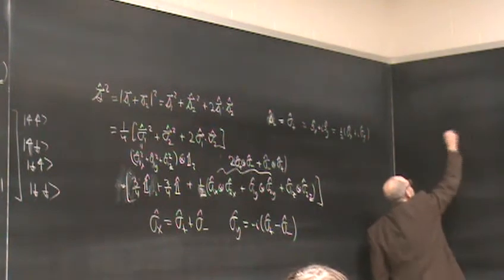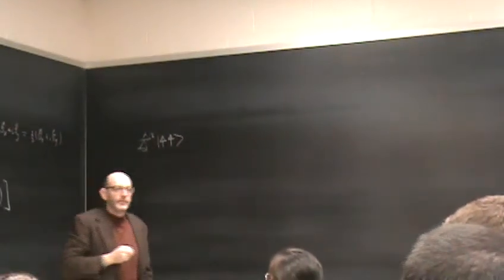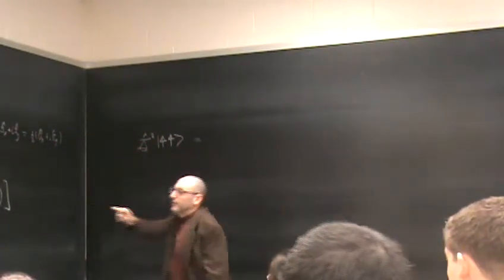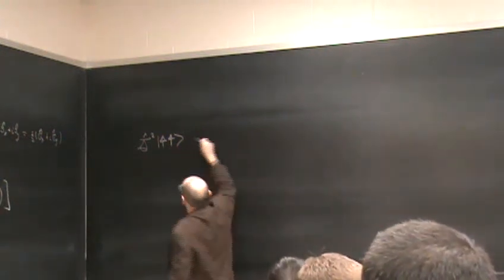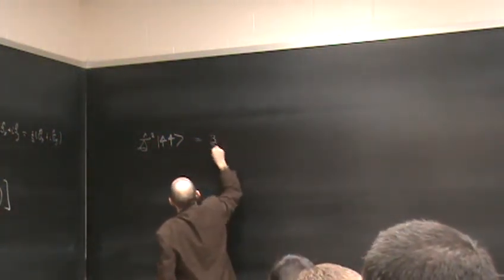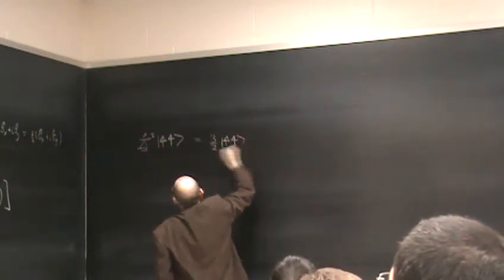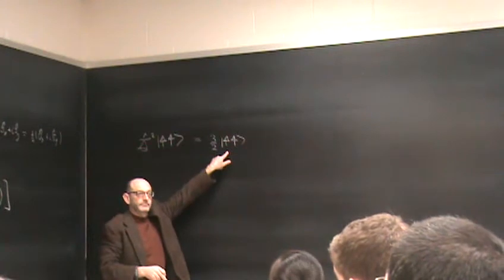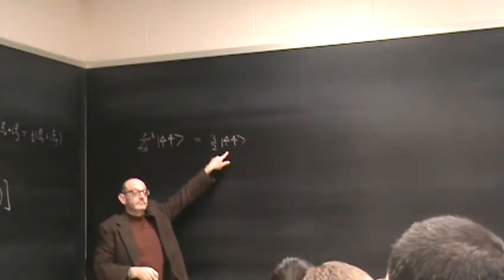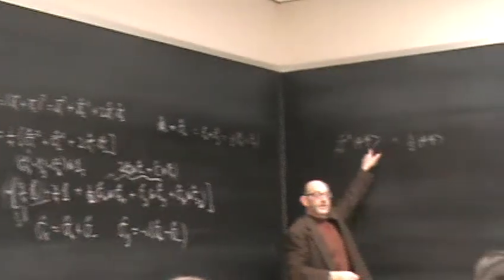So let's look at the action of S squared on up. Okay? So that's equal to, this is 3/2 times the identity. So the action of this on this is 3/2 on that. What is the action of these operators on this state? Well, sigma minus turns this to down, but sigma plus, what does it do?